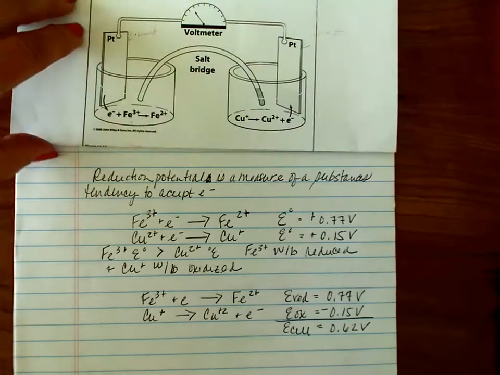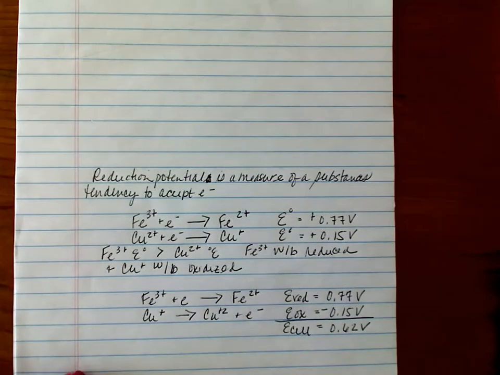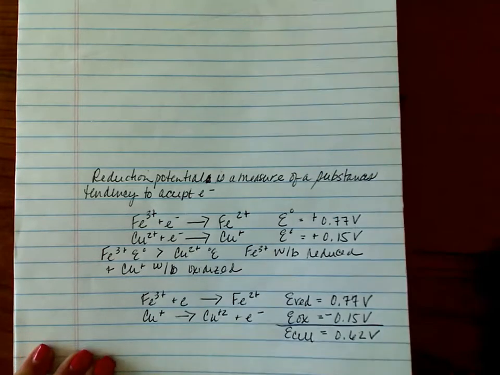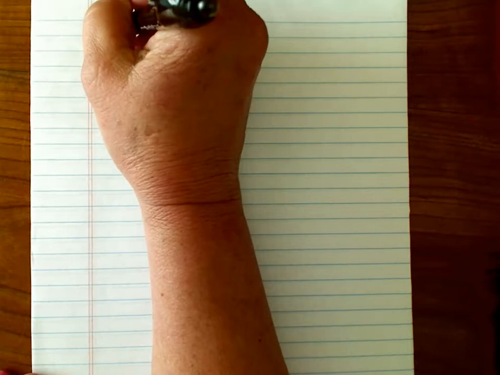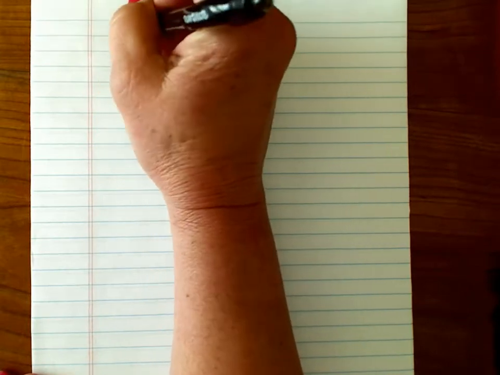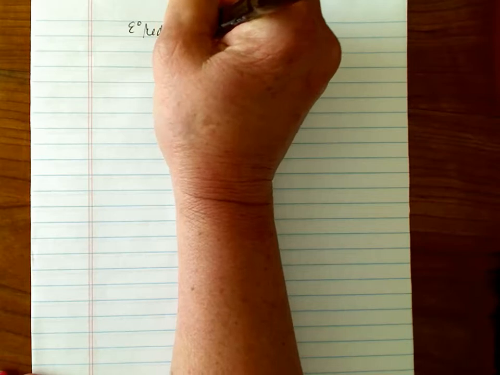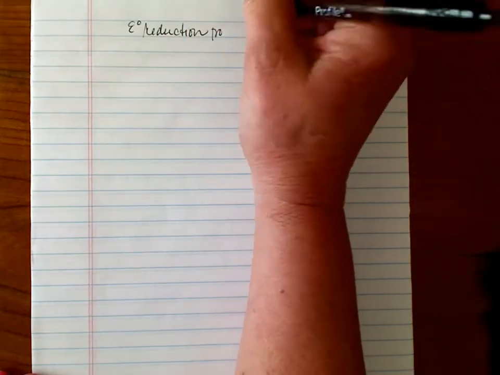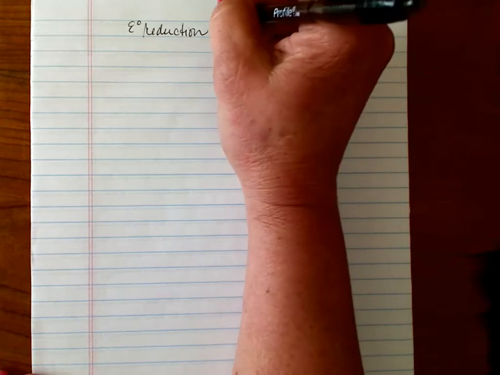So just to review once again, I've just said this, but I'm going to flip to another piece of paper here. So those standard reduction potentials, so that E with that superscript naught, are always written as reduction reactions.